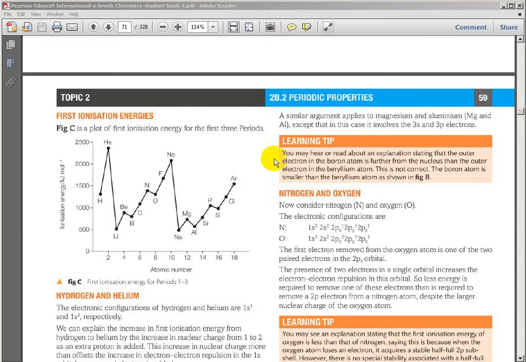Tamara, can you say why ionization energy increases from left to right?